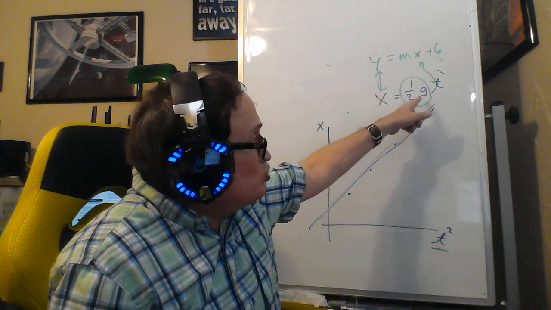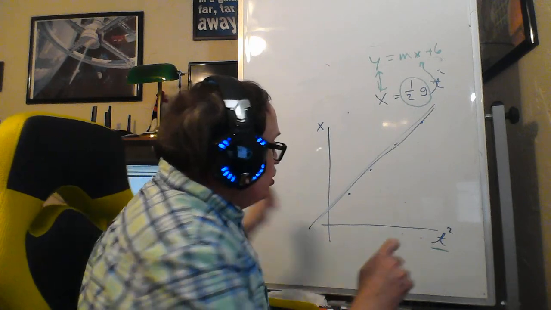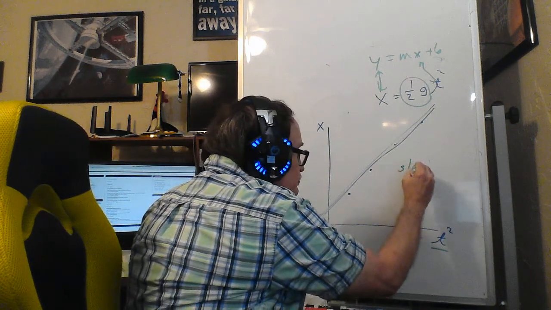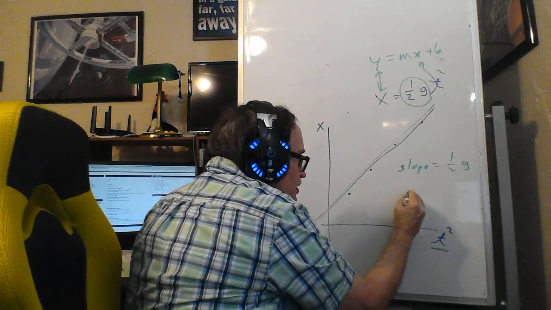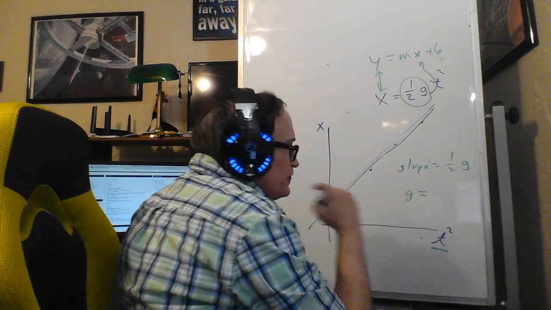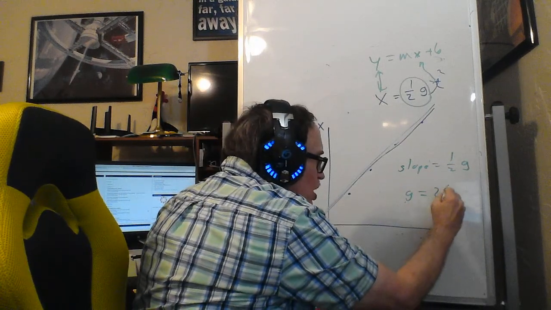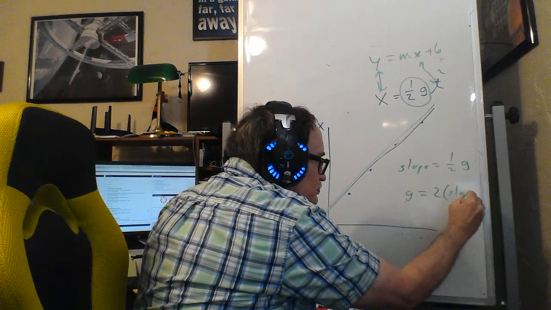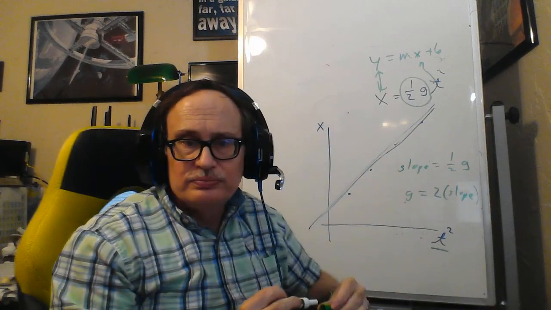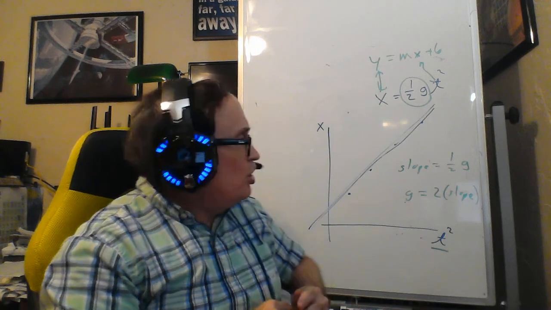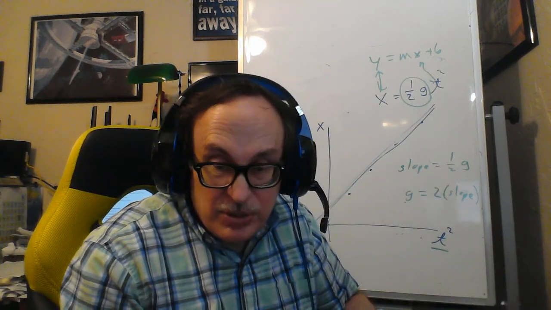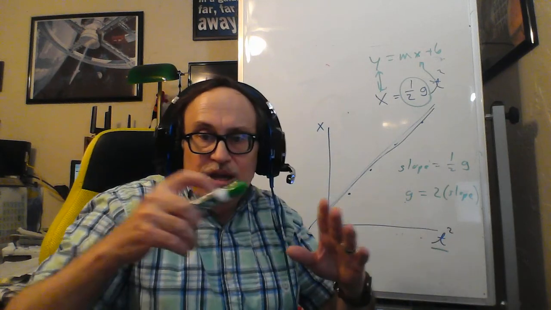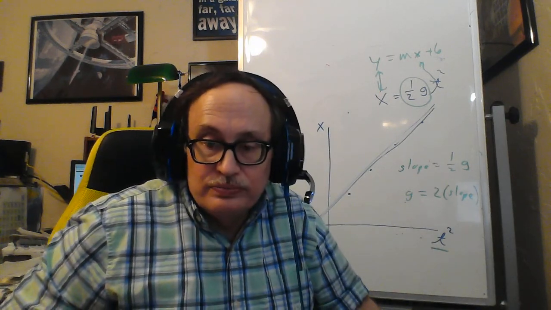The slope equals 1/2 of g, that means g is going to be twice the slope. Let's do algebra. If the slope is 4.9 meter per second squared, g is going to be 9.8 meter per second squared.